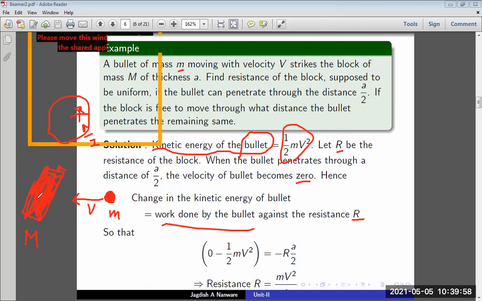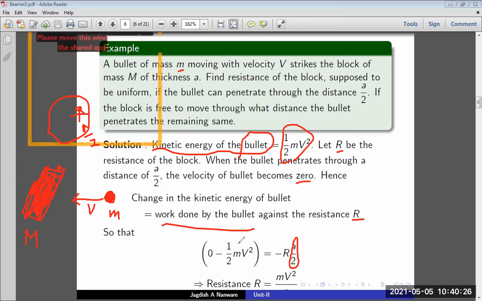Because this block is going to oppose the bullet, and therefore we are putting minus here. So here is the action, and this is the reaction of the block. In other words, you are using Newton's third law of motion here, and this is equal to the distance A by 2, right? And you just find the value of R from this.